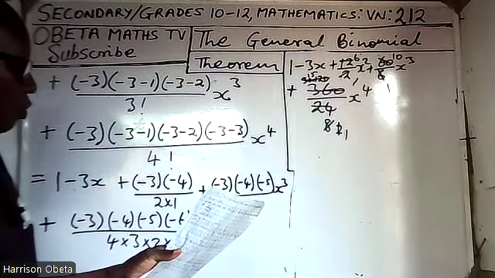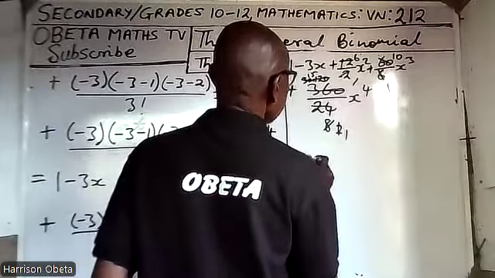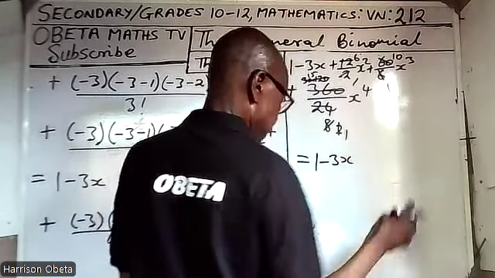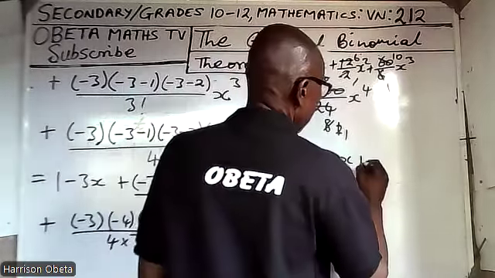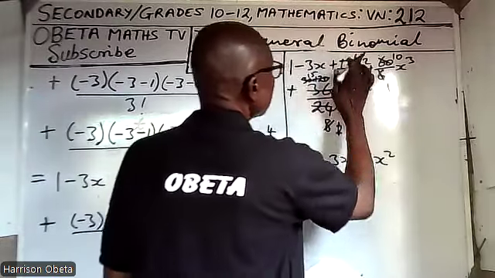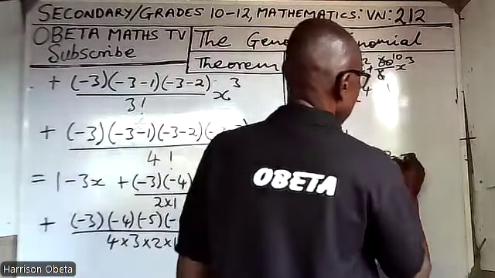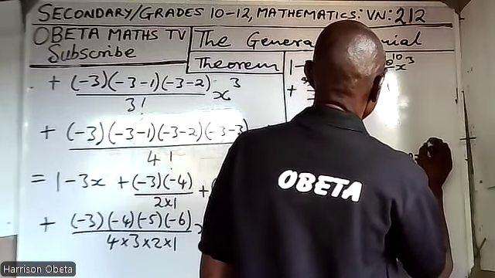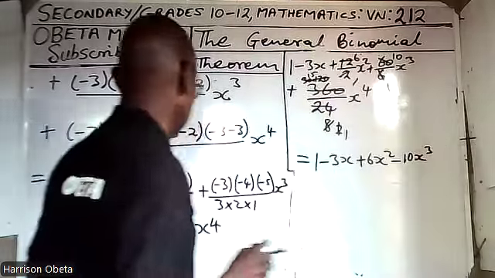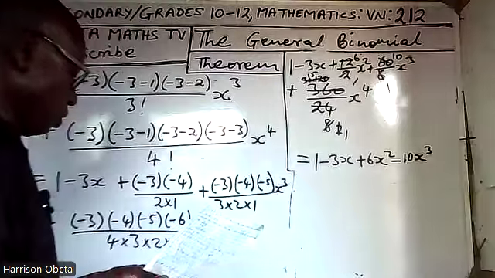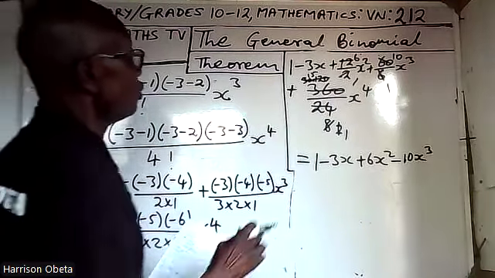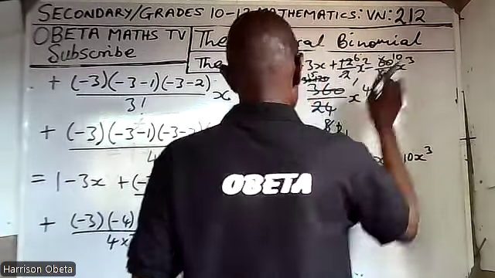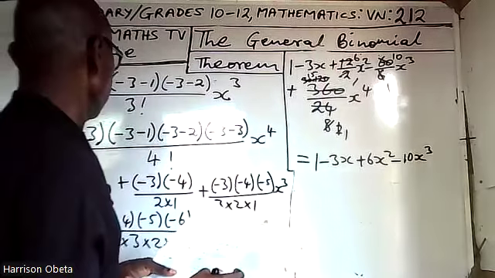So we are now going to have our final answer as 1 minus 3x plus 6x squared, which is from here, minus 10x raised power 3. Let me cross-check, there's a mistake somewhere. This should be minus 60, not plus 60, because the power shows that it's not an even number.